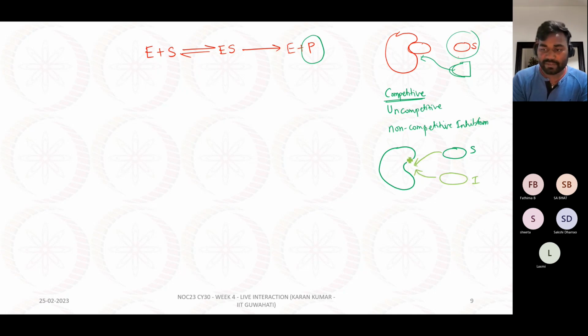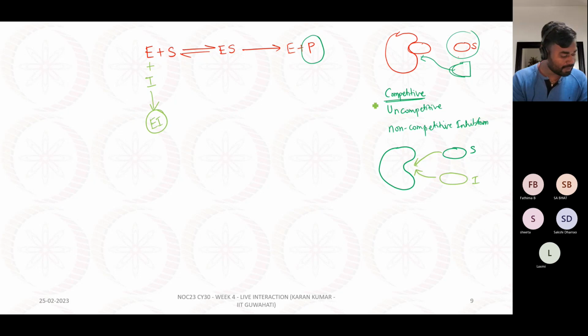It will result in an enzyme-inhibitor complex, your substrate will not be able to bind with the enzyme, and you won't get the product. This pathway will be blocked. This is competitive inhibition.